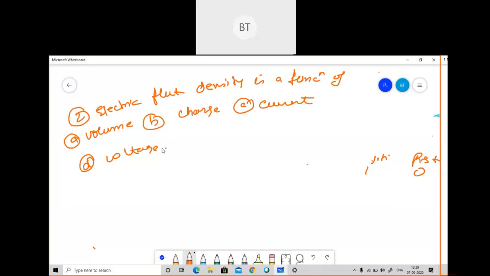So please tell me quickly. This is the simplest problem, I think. Electric flux density is a function of volume, charge, current, voltage. What is the correct answer?